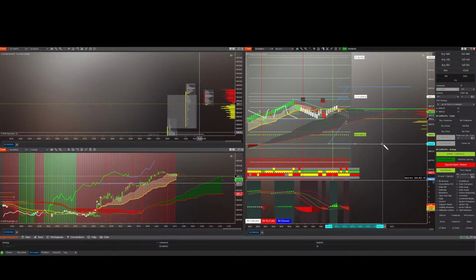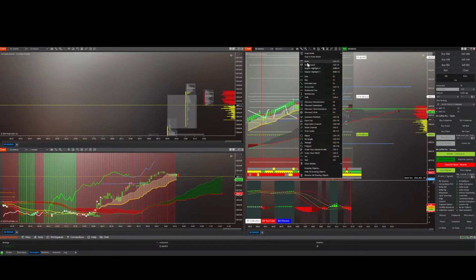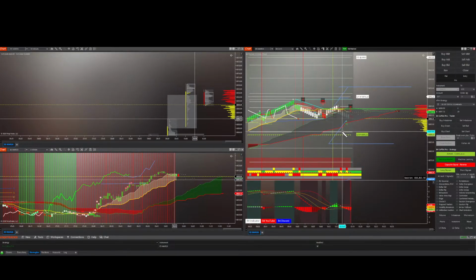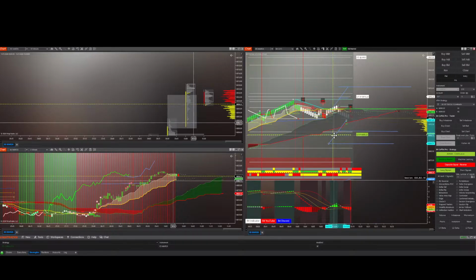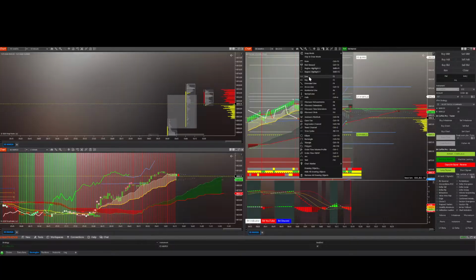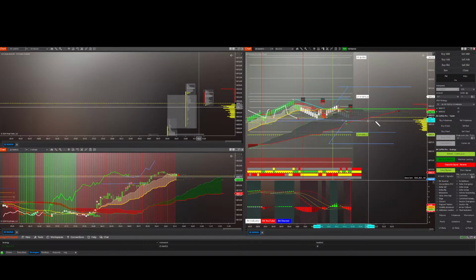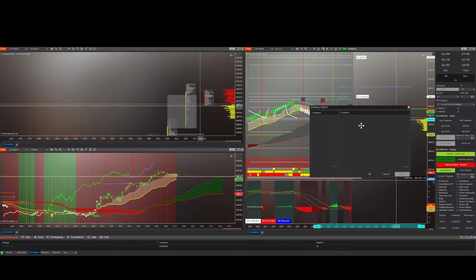But sometimes they do that, and sometimes they just bounce in between the trigger lines. What I'm drawing here are trigger lines. This is the bearish trigger line I'm drawing here. I drew the bullish one.